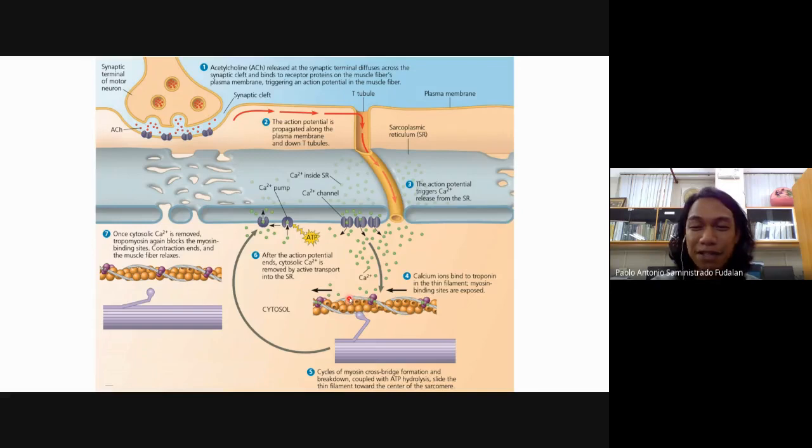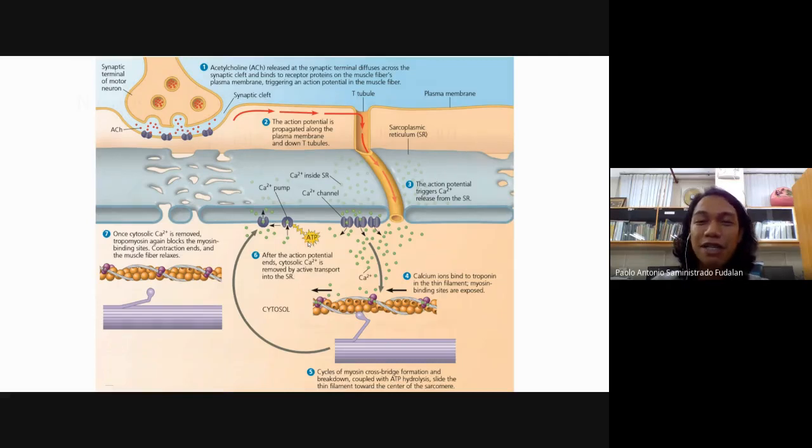When that happens, the tropomyosin gets out of the way, revealing the myosin binding sites, and the myosin is able to make a cross bridge to the actin. With the help of ATP, it can move the actin so that the sarcomere will contract, and then you have muscle contraction.